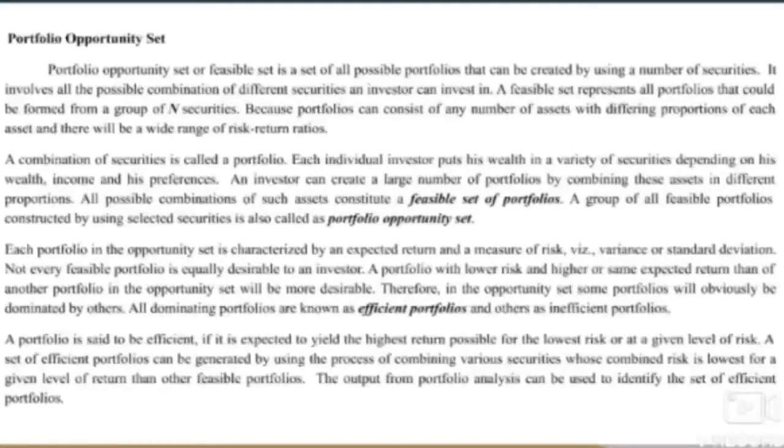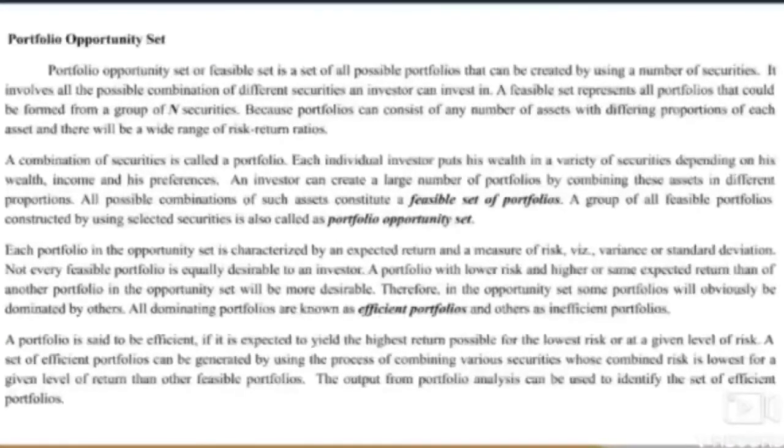So all possible combinations of such assets constitute a feasible set of portfolios, and a group of all feasible portfolios constructed by using the selected securities is called the portfolio opportunity set. So portfolio opportunity set means the number of portfolios we can create with the given securities.